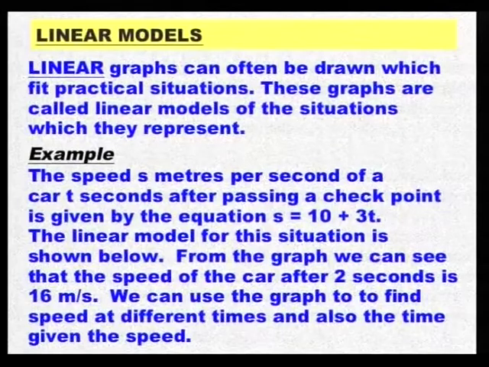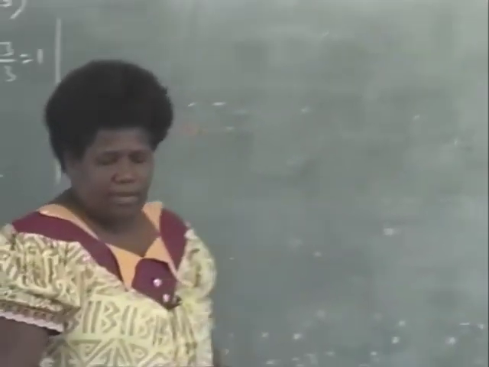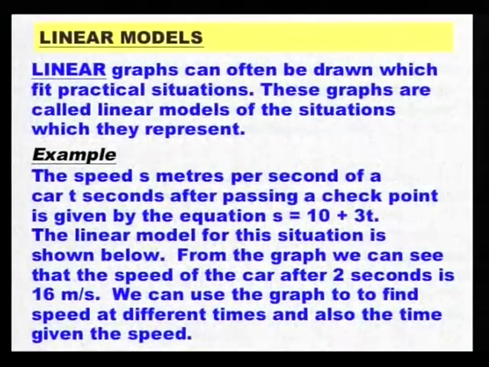Jake, what would be the gradient of the line? 3. And the y-intercept? 10. Good. It looks like y equals mx plus c, it's just written the other way around.